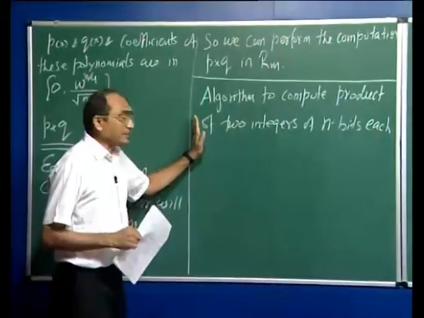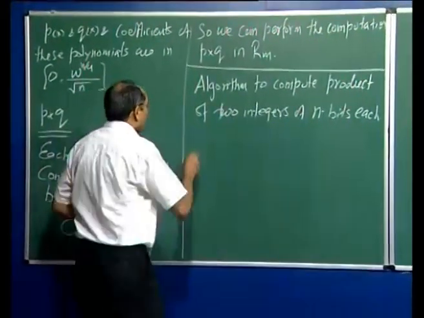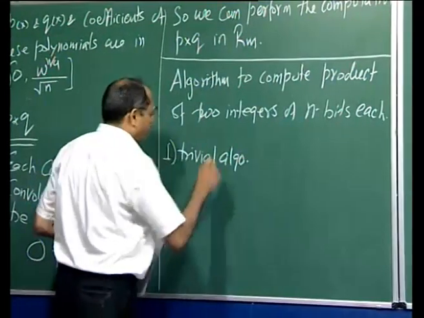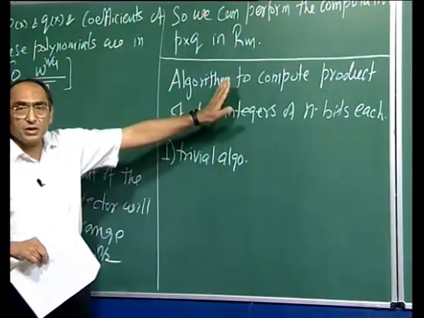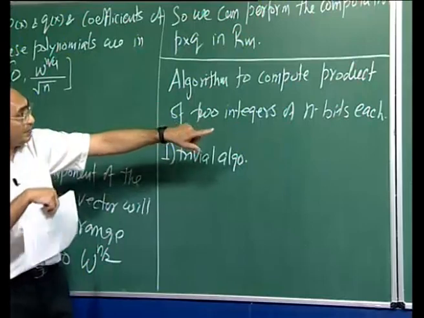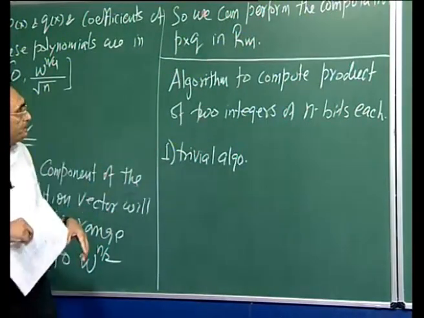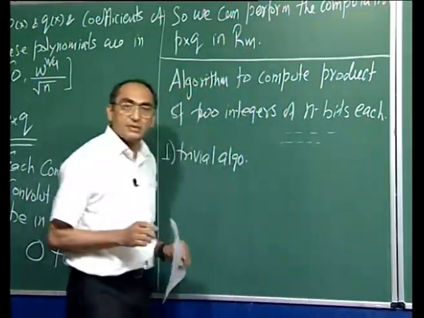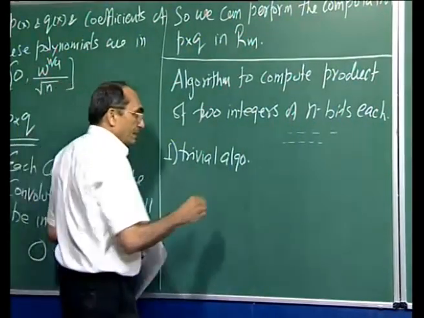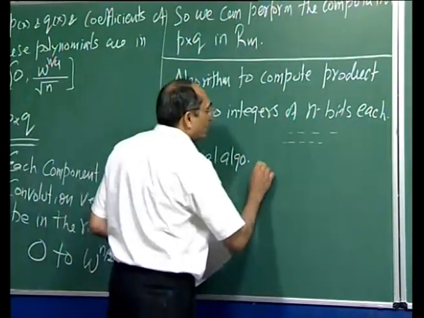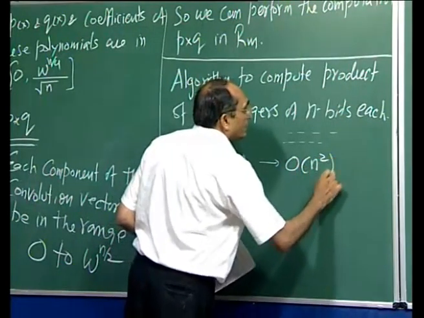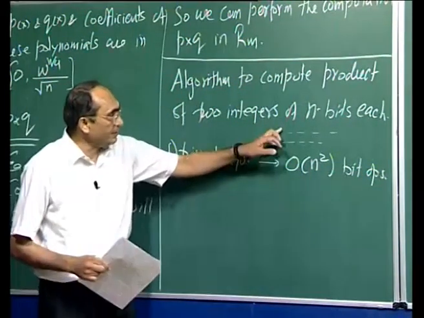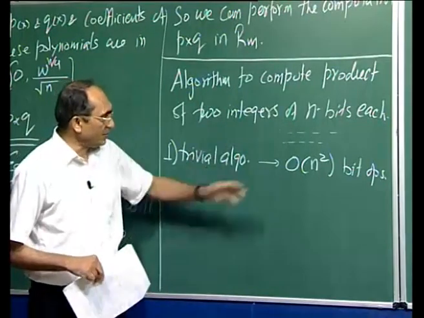First of all, let us recollect that the trivial algorithm, the long hand algorithm, is one in which you take each bit and multiply it with the n bits of the other number. So, we really end up adding n numbers of size n, and adding n numbers of n bits is going to take order n square bit operations, because each summation takes order n time, and there are actually n minus 1 summations, because there are n numbers.